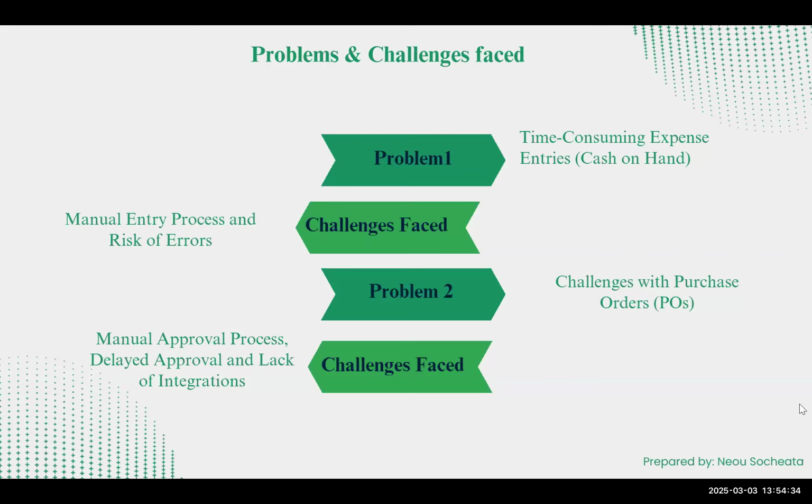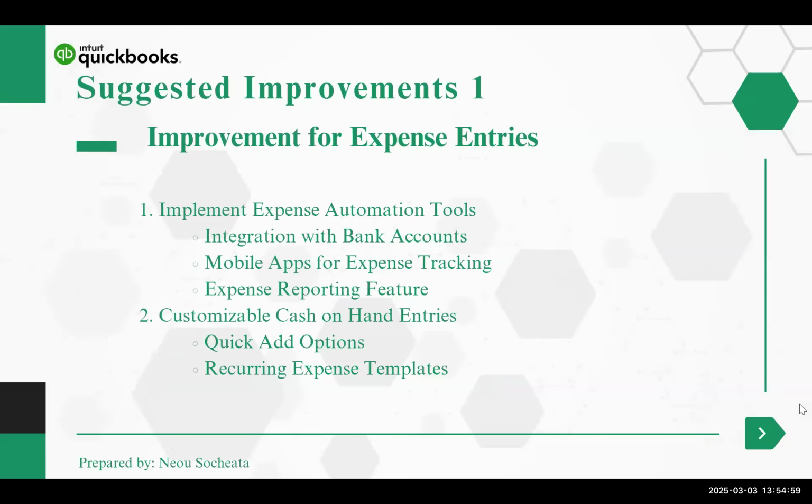Waiting for approval, email and signatures can delay the overall process, making it harder to track the status of purchase orders. Lack of integration: the approval workflow is not integrated into QuickBooks, creating a gap between the system and the actual approval process.